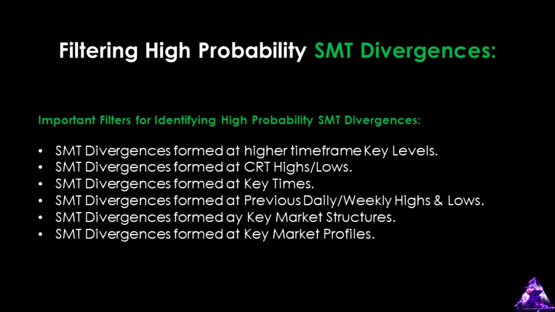For example, if you have two CRTs on two correlated assets, like the DXY and the euro versus the US dollar, and the euro takes out the CRT high, while the DXY struggles to take out the low, this non-symmetrical market condition increases the probability of a high-quality CRT. Therefore, SMTs formed at CRT highs and lows are high-probability setups. When one CRT is purged on one pair, while the other underlying pair is not, this confirms the CRT and gives it a high-probability SMT.